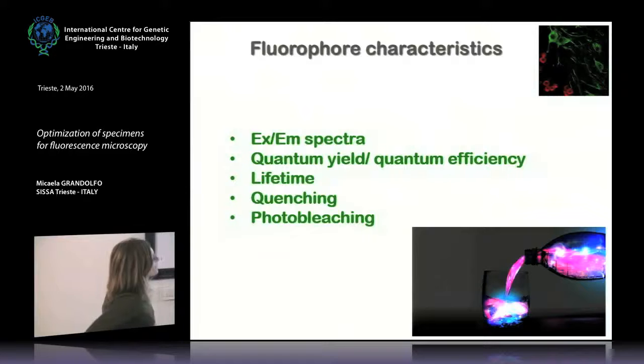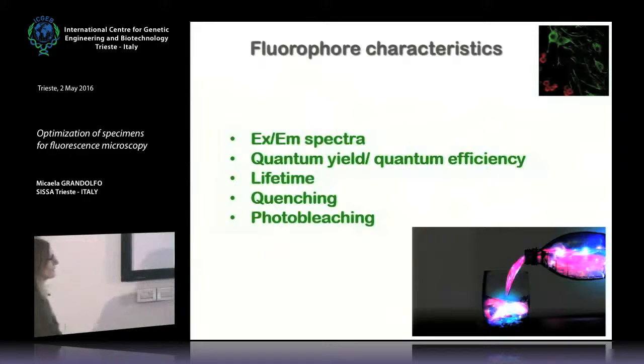Here we can summarize the characteristics of a fluorophore that Gabriele showed you this morning. You can look at the excitation and emission spectra, the quantum yield or quantum efficiency of the fluorophore, the lifetime, the quenching, and the photostability or the sensitivity to photobleaching.